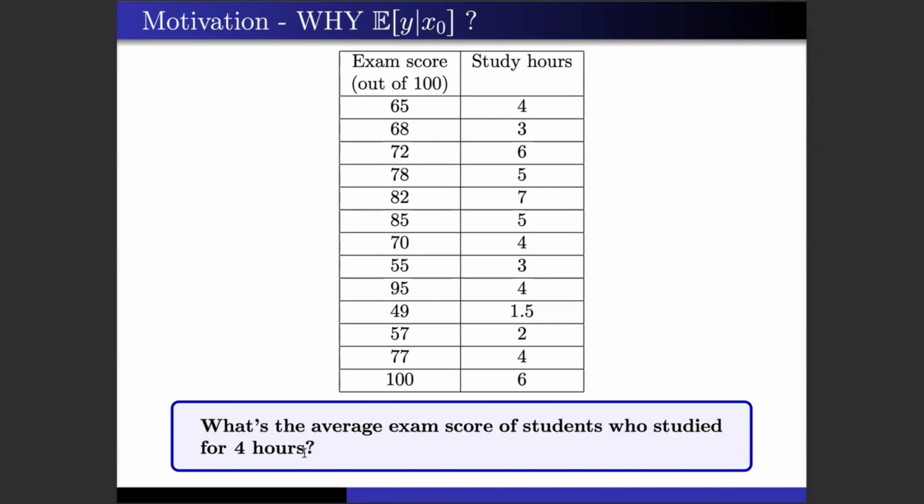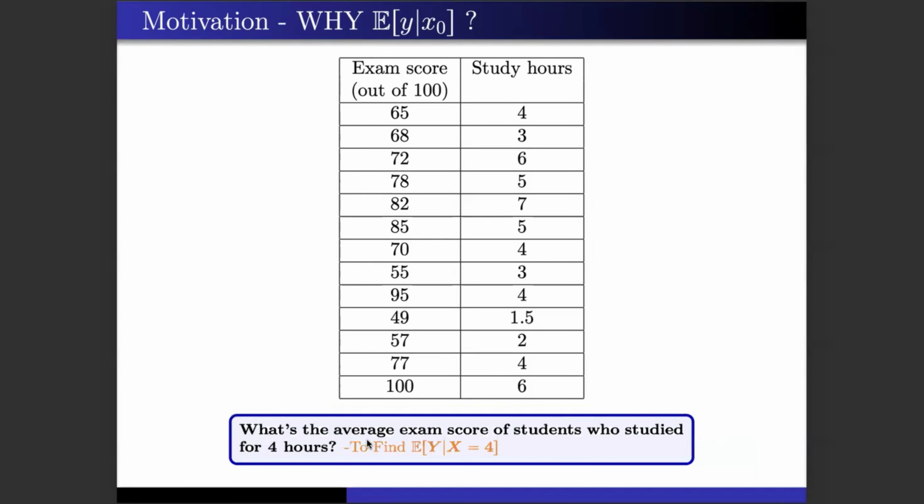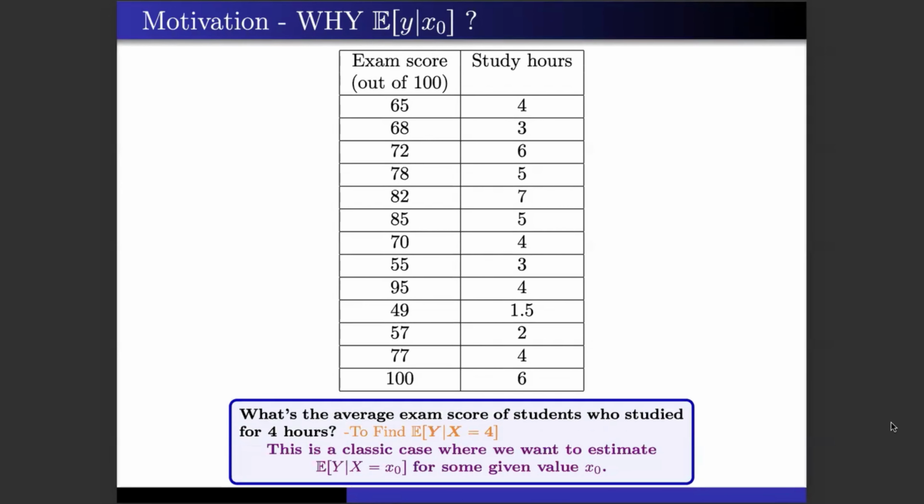We only need to find the average exam score of students who studied for 4 hours, which means: what is the value of the expectation of y, the exam score, when x, the independent variable study hours, is equal to 4? In cases like this, where we want to estimate the expected value of y for any given value of x, we are interested in estimating the expected value of y given x naught.